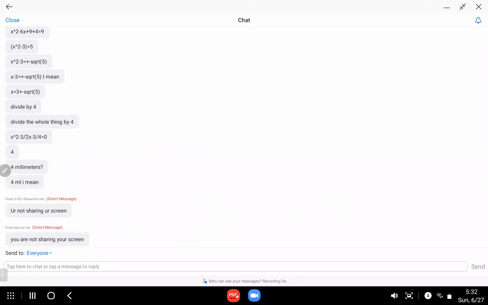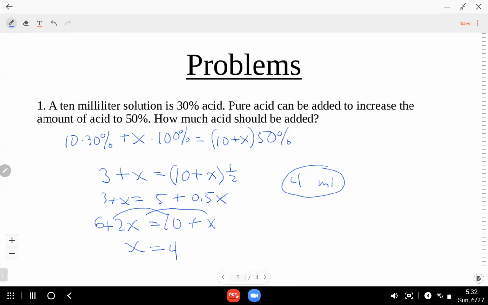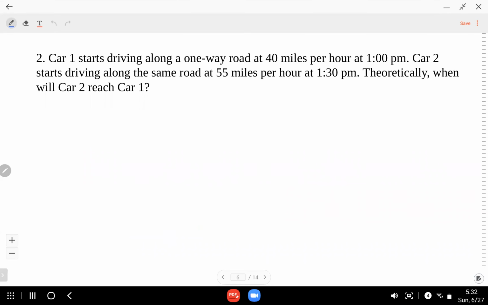Okay. So, second problem, another word problem. Okay, so car 1 starts driving along a one-way road at 40 miles per hour at 1 p.m. All right, so this is our road.